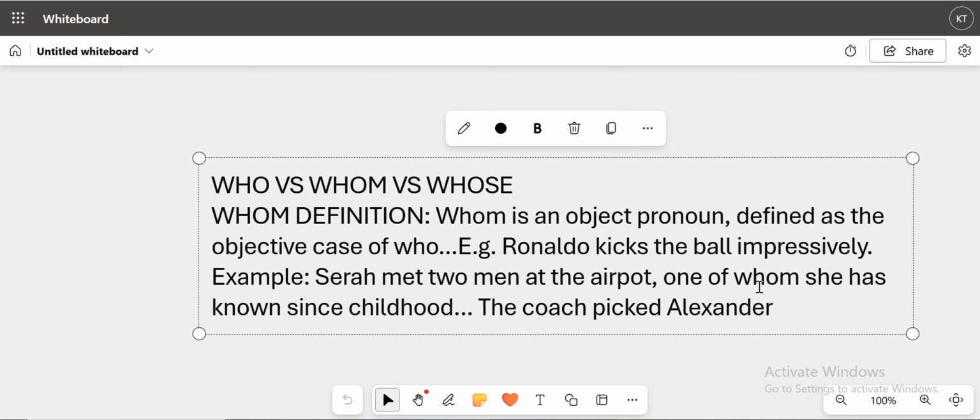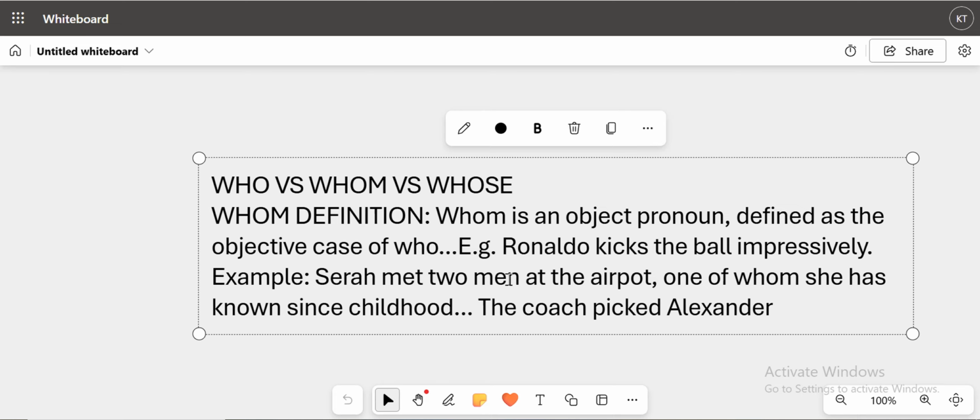Ronaldo is the subject here, kicks is the verb, and the ball is the receiver of the action in this sentence, which makes it the object.